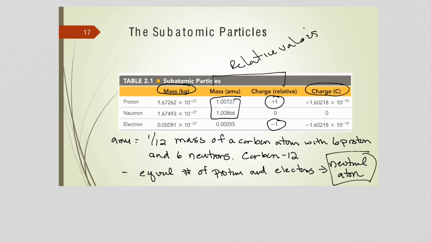In your neutral atoms, you're going to have equal protons and electrons. And of course, the neutron, having no charge, has a relative charge of 0. So now we have a little better understanding, hopefully, of the basic fundamental properties and how we're going to talk about them when we look at describing the atoms.